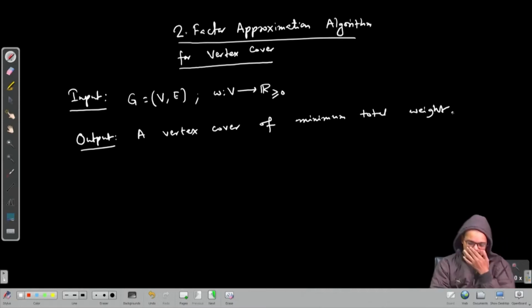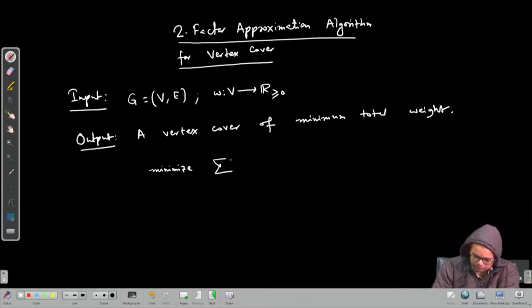So let's write the LP for vertex cover. First write the ILP: minimize the sum over v in V of c_v x_v. For each vertex I have a variable x_v, which takes value 1 if we pick the vertex in the cover, otherwise 0.